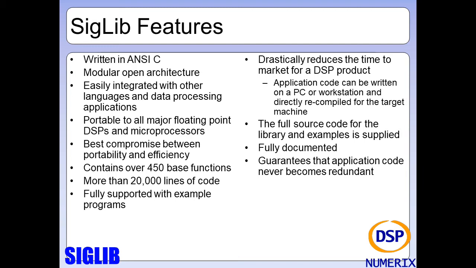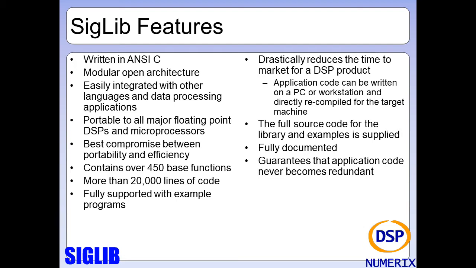SigLib is written in ANSI C for maximum portability, but it is also written in a way that optimizes the performance of the code. So it uses lookup tables, optimum code layout and design, and other features that make the performance as good as possible. Due to its nature, SigLib is easily integrated with other languages and data processing applications across a wide range of different operating systems, as we have already seen.